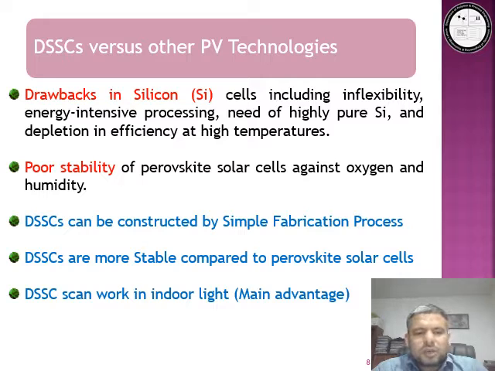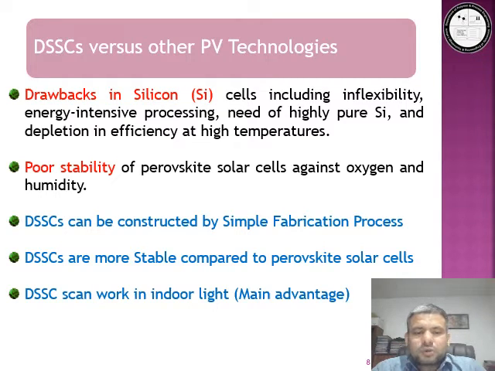Similarly, polymer-based solar cells also involve a complex process for their fabrication and are less efficient. However, on the other hand, DSSCs are much easier to fabricate and their efficiency has improved from 7% to 14%.